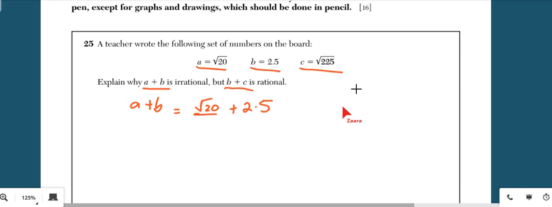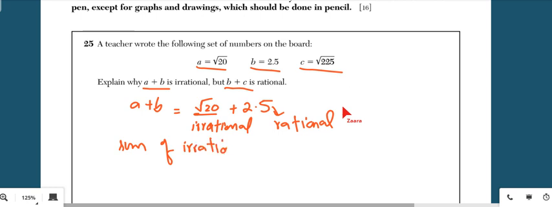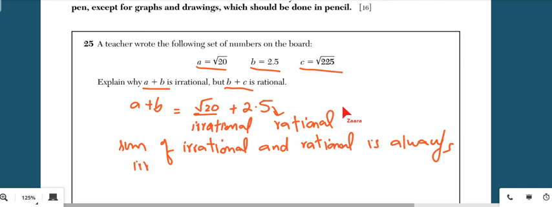Now, because root 20 is irrational, and 2.5 is rational, and we know that the sum of irrational and rational is always going to be irrational.